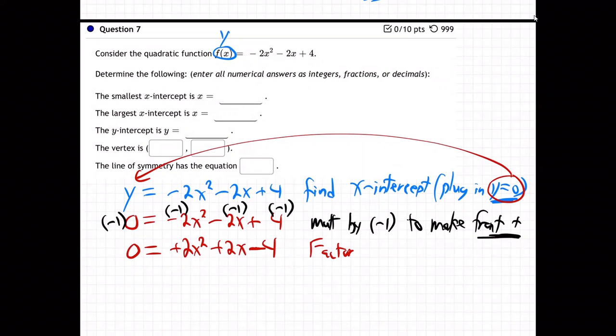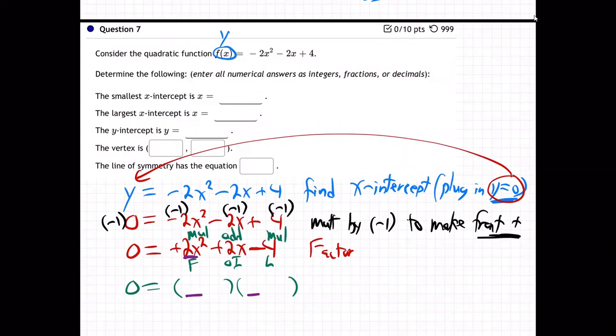Okay, so to factor this one, I'm going to keep the 0 here and do the double parenthesis. This is the kind where we multiply and multiply, meaning another way you can say it is FOIL. So we're saying front times front to make front.